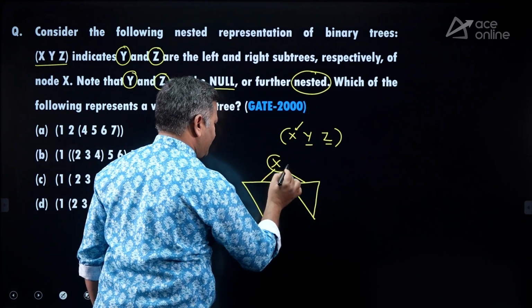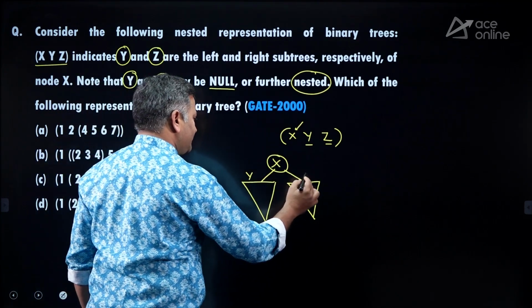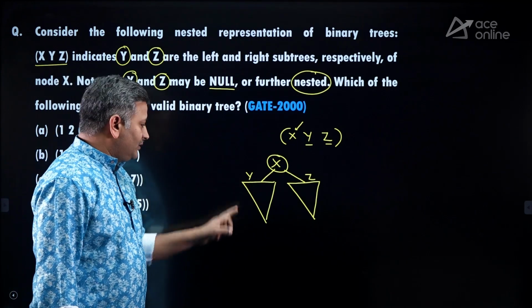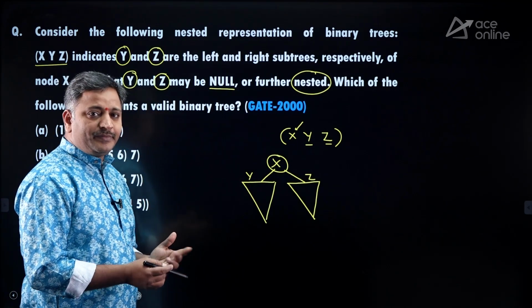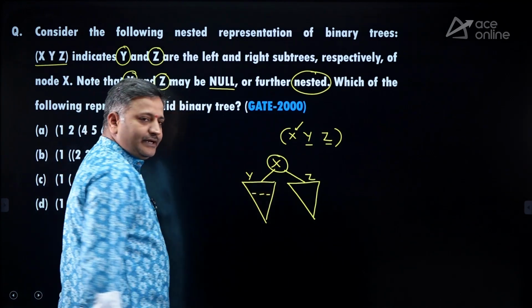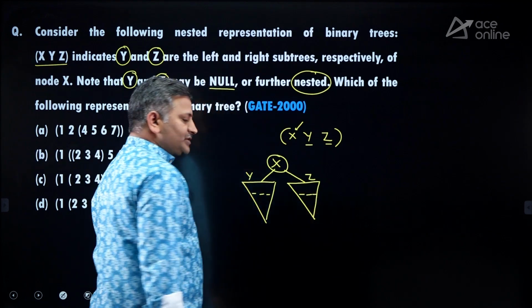So this is the structure of the given tree, right, friends? Then what about the other characteristic of y and z? Y may be further nested. Further nested means compulsorily it must have 3 elements. Z may be further nested. Further nested means it may have a 3 element structure.